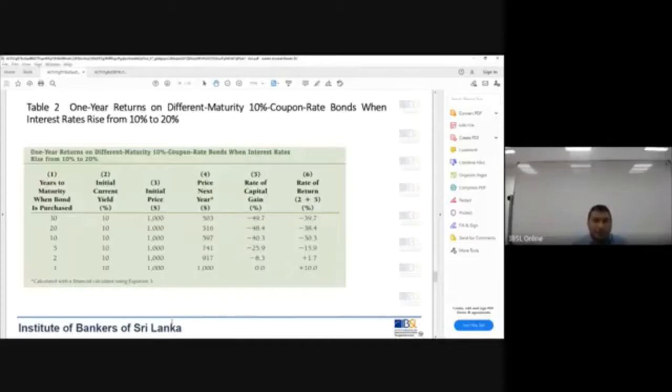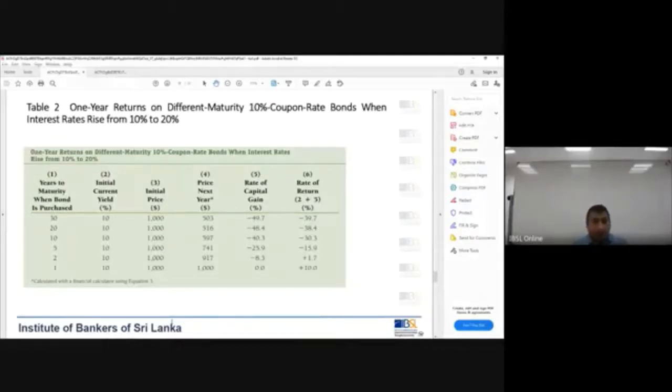So you see here, interest rate changes, that means increases from 10 to 20%. This is an example. You can do the calculation through the equation, but your understanding would help here: the coupon rate has no change, it is 10%. The maturities are 30, 20, 10, 5, 2, and 1 years.